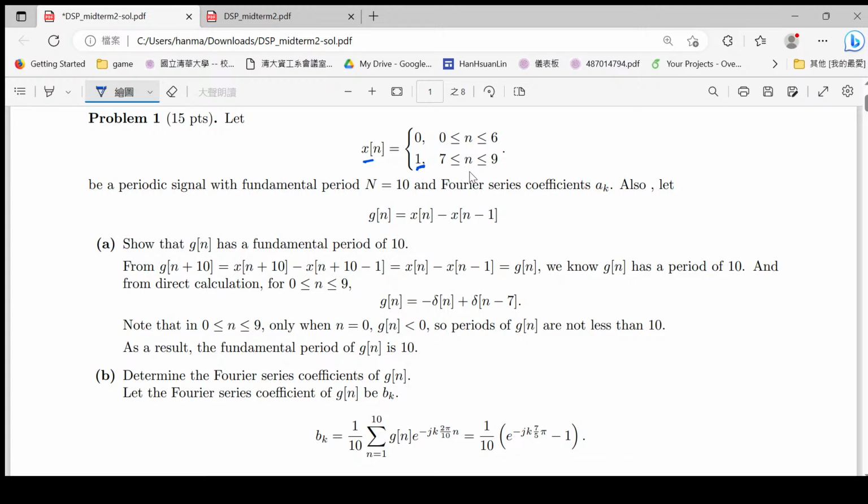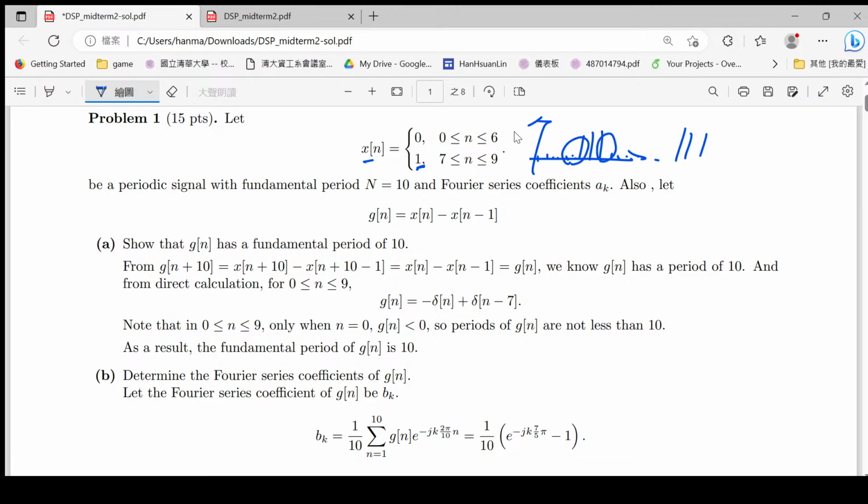But anyway, x of n, look at this, is a lot of 0 and 3 ones. It's a period 10 discrete time function, so it has 7 zeros and 3 ones, and then 7 zeros, 3 ones, etc. So it's periodic with period 10 and it has 3 ones here. So first we take g of n as the difference of x of n. And because x of n is constant almost everywhere, the only differences happen here and here, right?